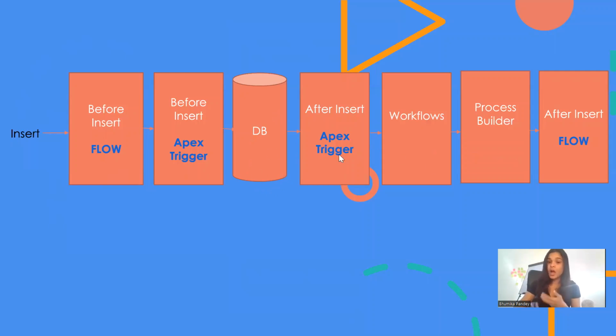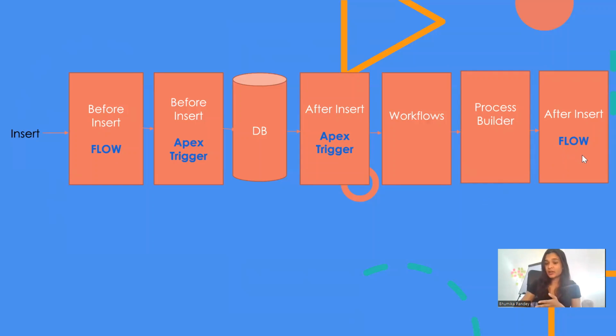Once the record gets saved, things get executed again. The compiler will go to the trigger again and check if there is any logic in the after insert, and execute that. It's going to check the workflows. If there's anything which is supposed to happen after the record insert, it will execute that workflow. Then it will check the process builder. Anything in the process builder happens in the after save event, and not in the before.